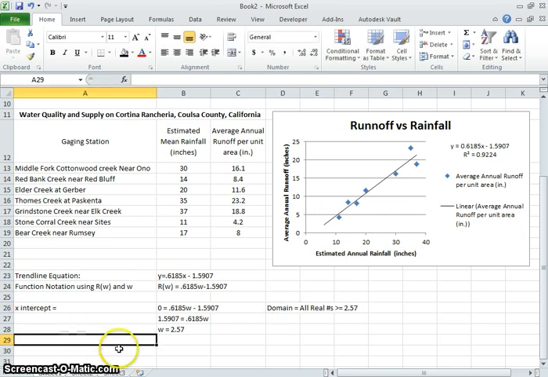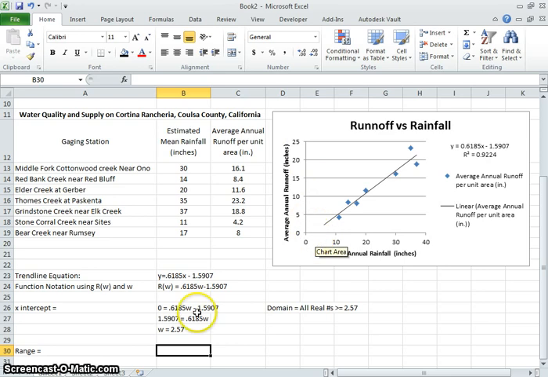For my range, this is going to be equal to all of my y values that make sense. Does it make sense to have 0 or less than 0 average annual runoff? No. 0 is the lowest we could possibly go. So we would say all real numbers that are greater than or equal to 0.